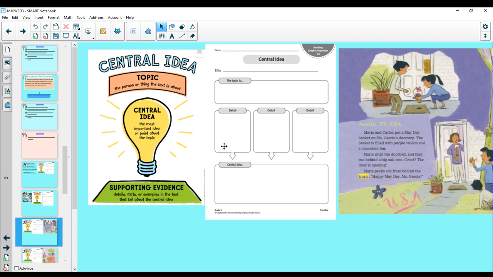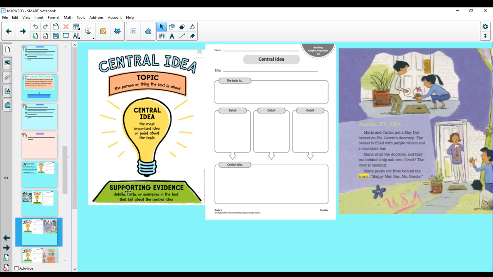So my detail in this box is as simple as Maria and Carlos put a May Day basket on Miss Garcia's doorstep. All I'm doing is copying this first sentence. I'm allowed to copy when I'm using details from the story.